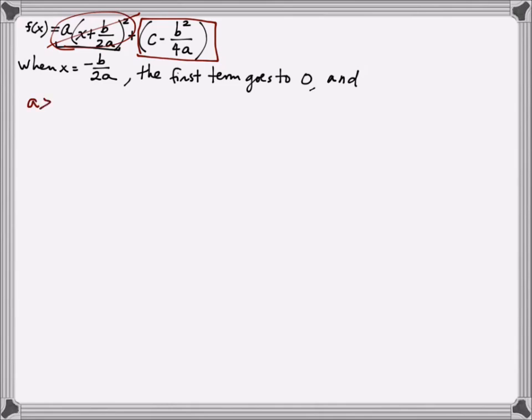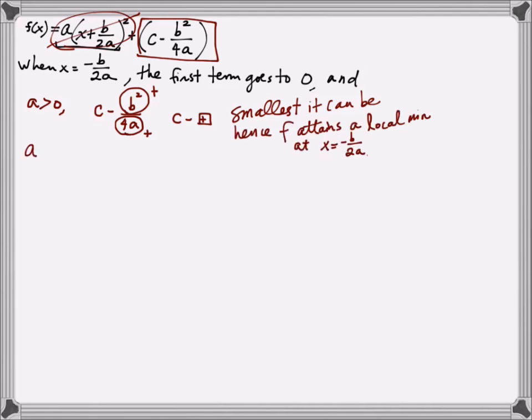If a is greater than 0 in this case, then the quantity c minus b squared over 4a would produce a positive quantity here and a positive quantity there. Now we're looking at c minus a positive quantity here. But it's going to be the smallest it can possibly be for this function. Therefore, the function f attains a local minimum at the point x equals negative b over 2a.